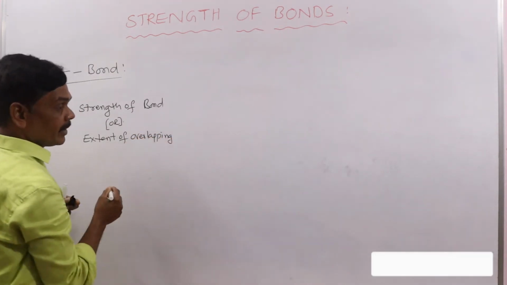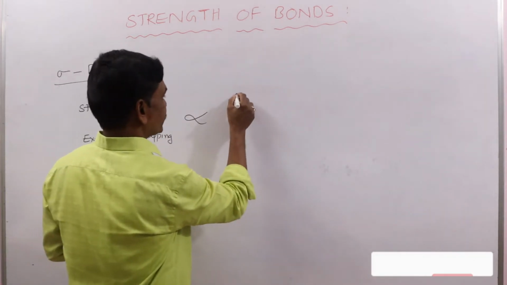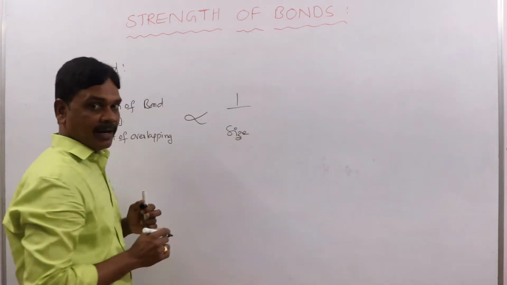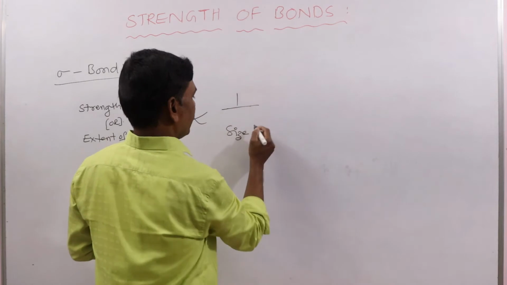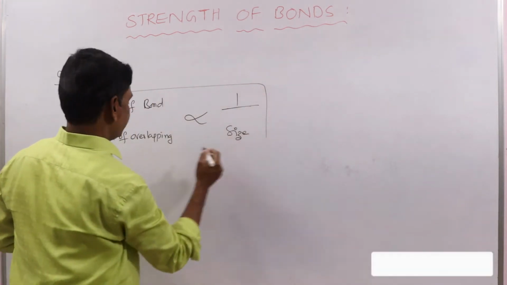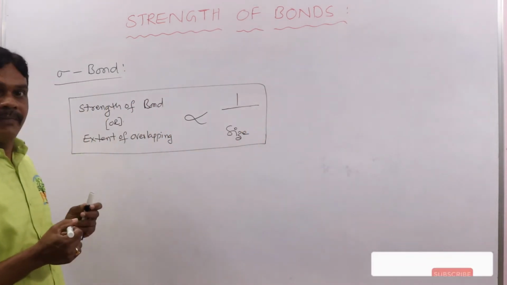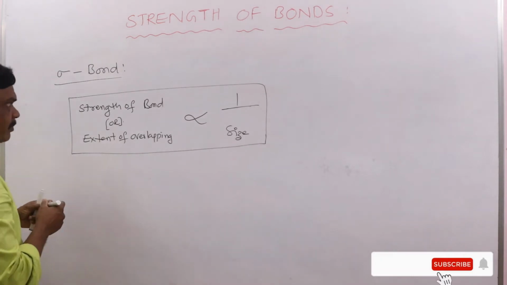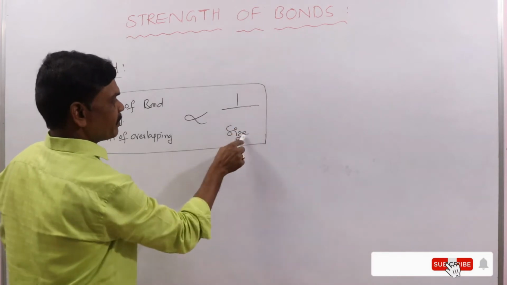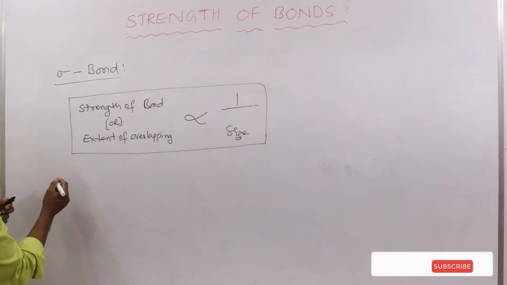Extent of overlapping is inversely proportional to size of orbital. Okay, so this is the relation. Based on this relation, we are explaining the strength of sigma bond. The strength of bond, or extent of overlapping, is inversely proportional to size of orbital.